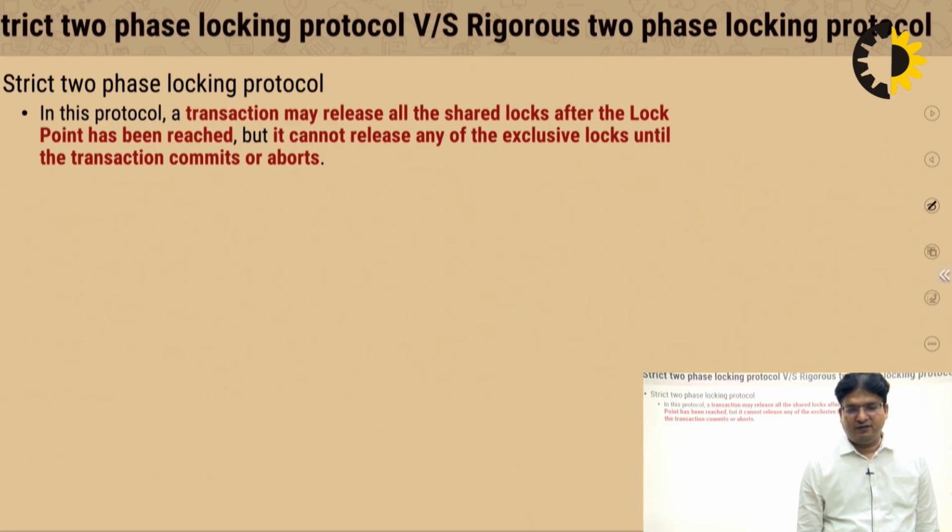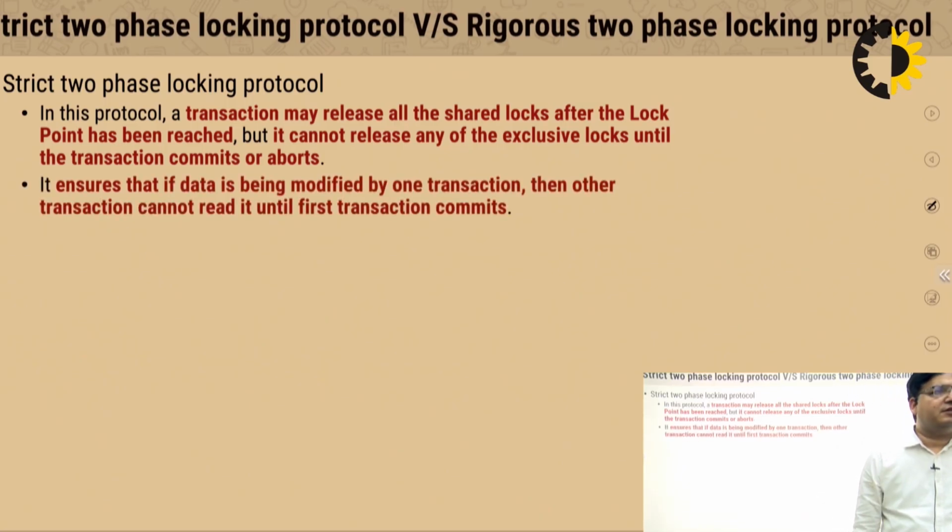The advantage is that even if we release the shared lock and the transaction fails, since the exclusive locks have not been freed, other transactions will not be able to get locks on those data items, and they will not be able to read the dirty value or do any update that is not desired.